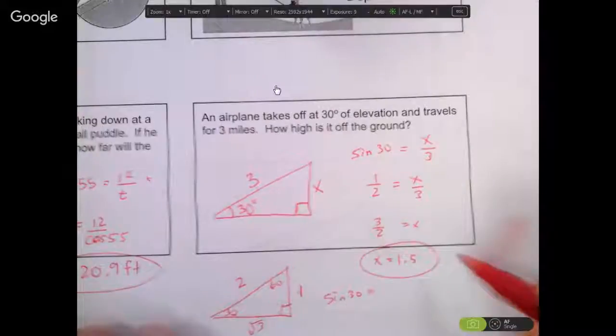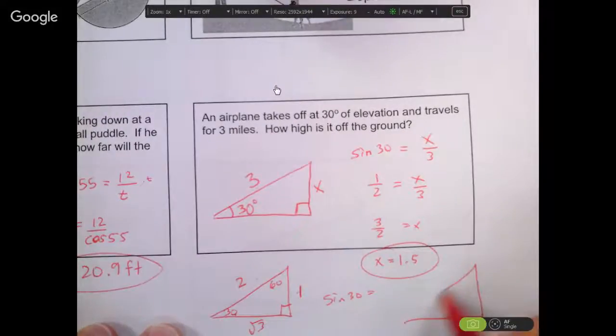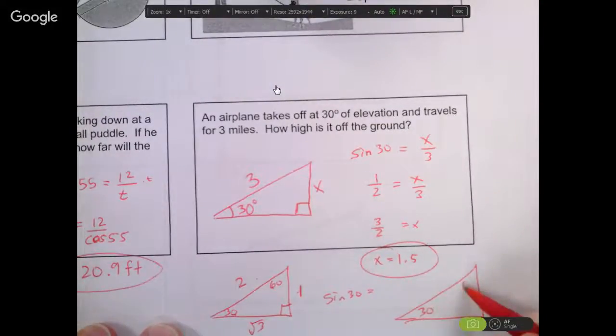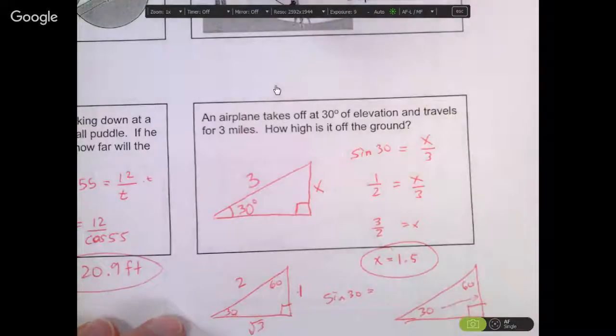So you're asking me, how do I draw 30-60-90? The 60 is always on the top. That's how I draw it. Across from the 30. I drew it upside down on Pearson. I put the 30 up there and the 60 there, and it was asking me what the sine of 30 is, and it told me I was wrong. Okay, so let's say I drew it like this, 30, 60, 90.